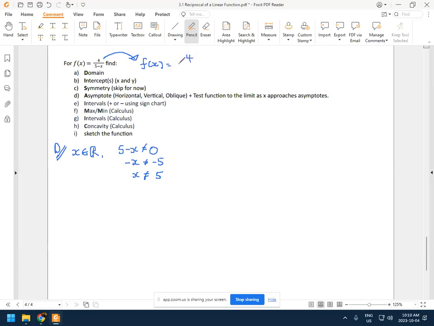You can always do this, which is the same as this. I think it's a lot better for your brain if you see the x term as a positive. It's a lot easier to work with. And so, take a look, x can't equal a positive 5. Does that make sense?